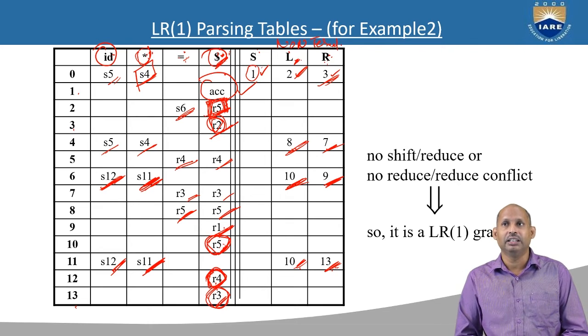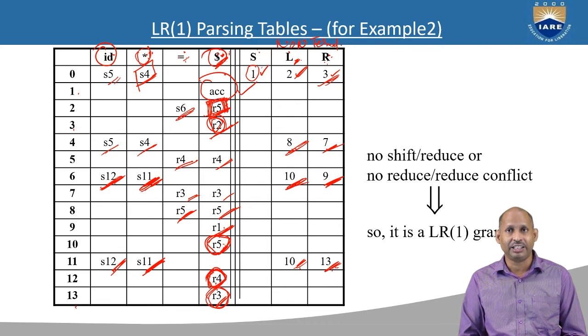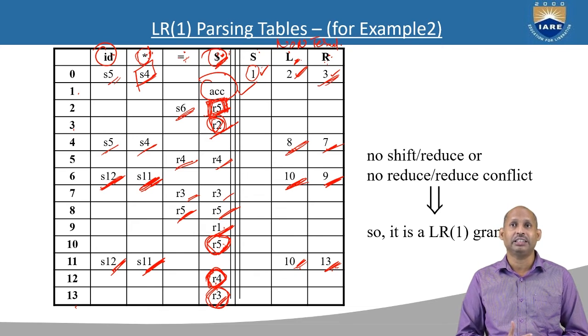So this is the construction of the LR parsing table. After construction of the closure groups, go-to operations, and constructing the DFA for the groups, using that we are constructing this canonical LR parsing table.